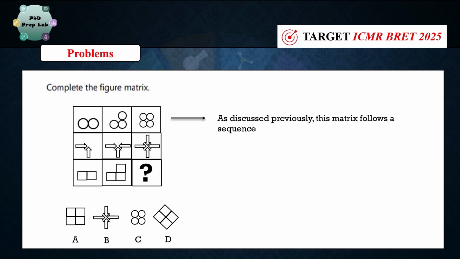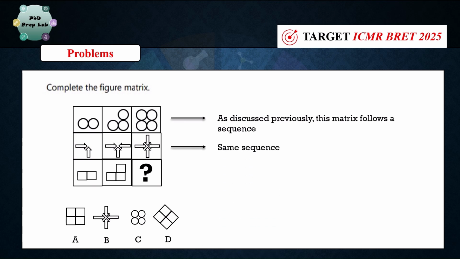Here, for example, in the first row we have circles, and in each column the number of circles is increasing by 1. You have to keep in mind how the number of figures is increasing, here only by 1.